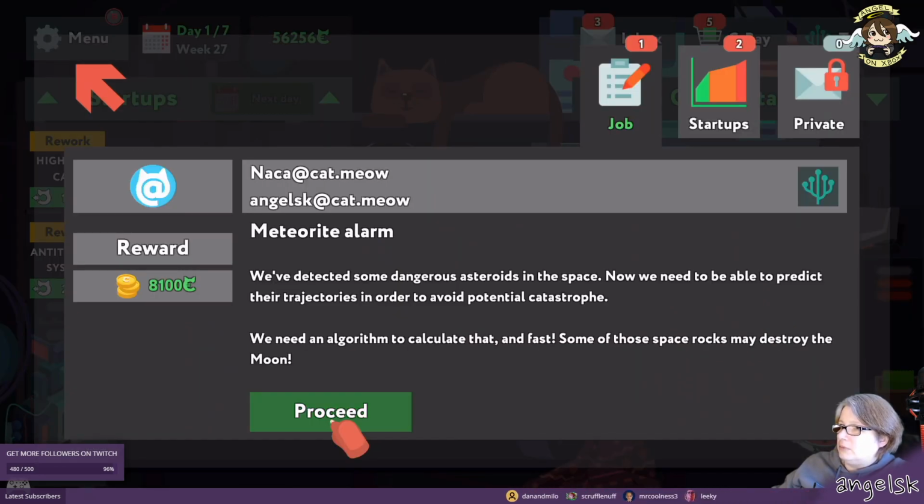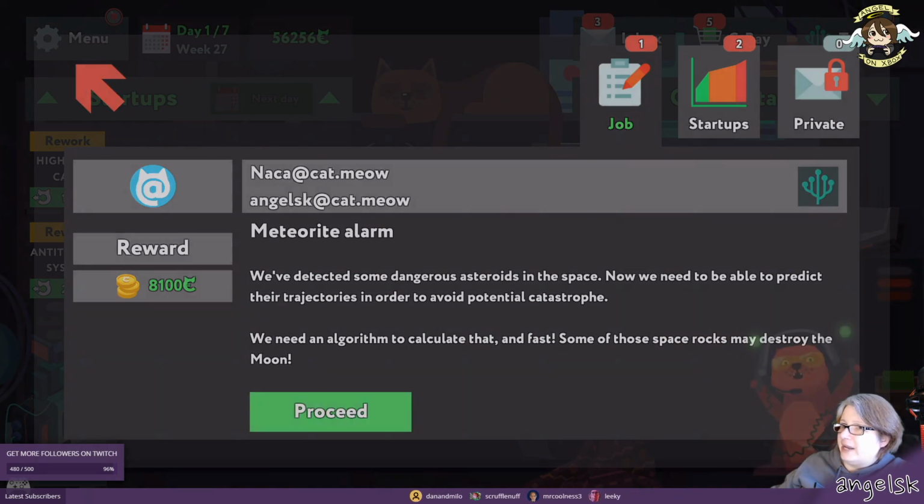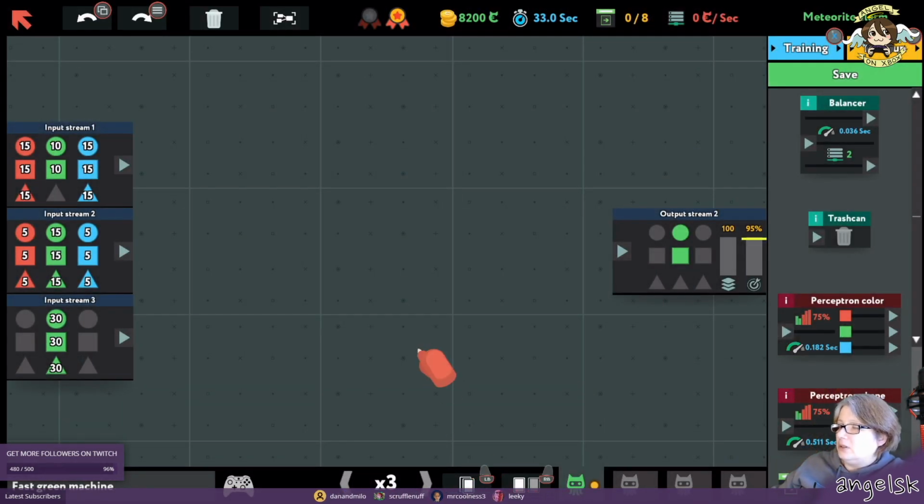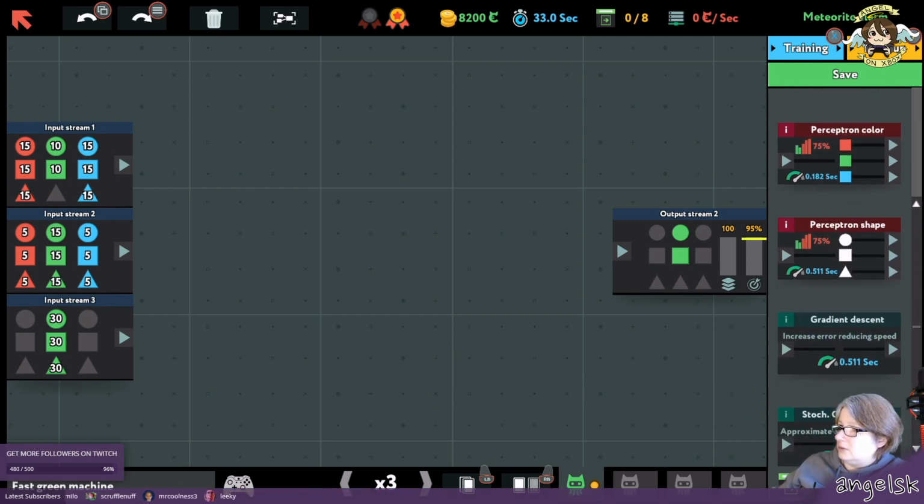Did we look at that one? Dangerous asteroids. Okay, let's just have a quick look at the dangerous asteroids. Okay, well that one could be doable. Let's have a look.